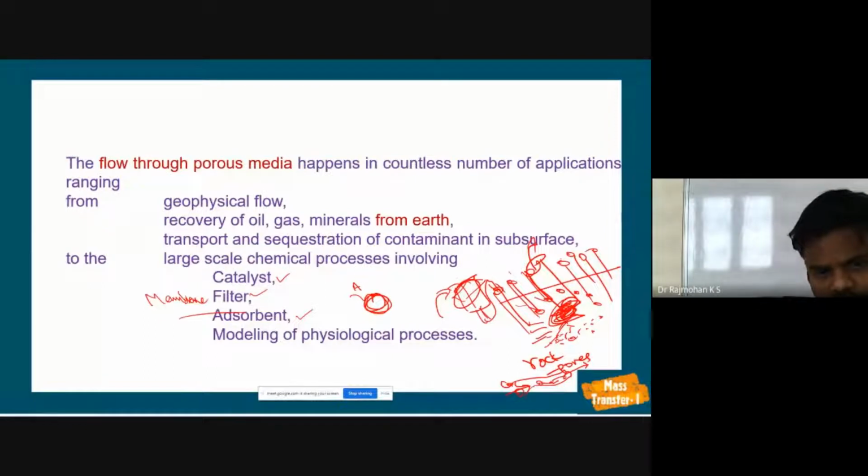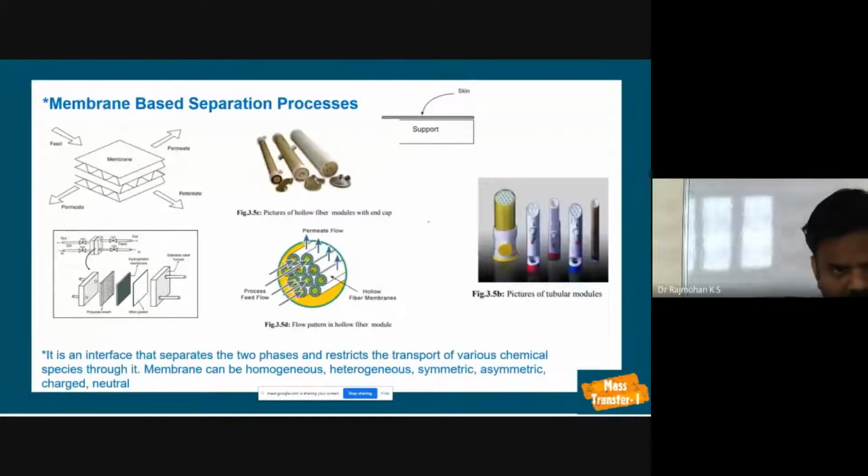Modeling of these physiological processes also uses the basics of flow through porous media. So this topic is significant to understand the basics behind it. If you take a case study of membrane-based separation processes, in general, what is a membrane?